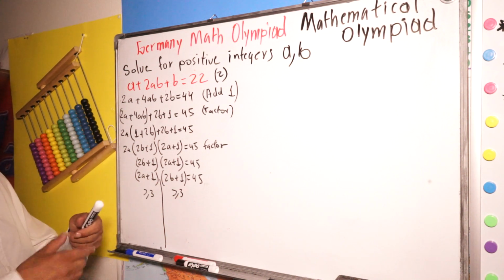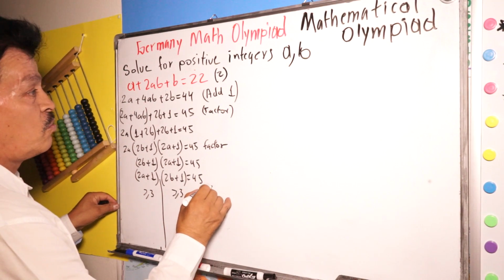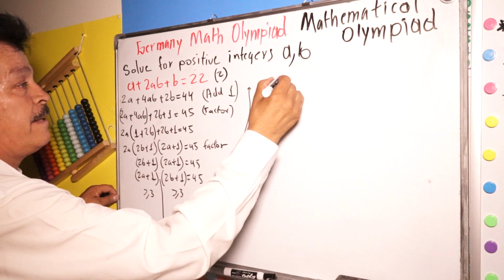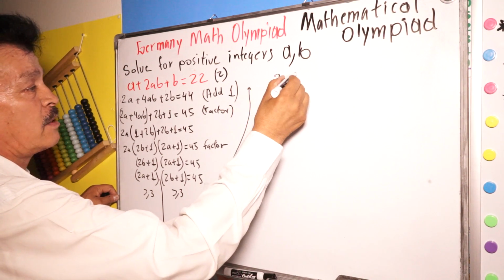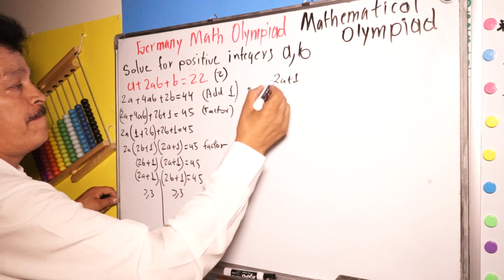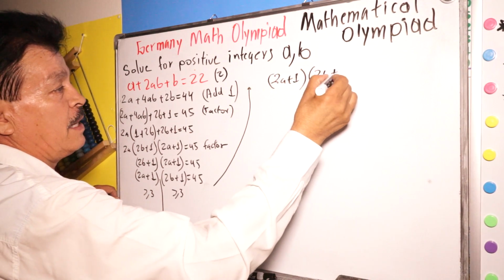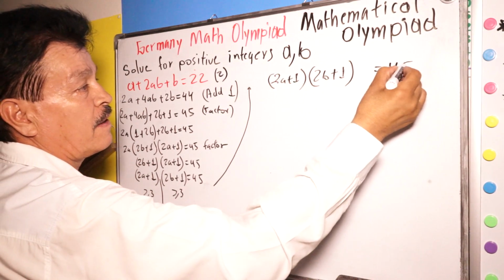I will write this, just move it over here. All right, and let me write 2a plus 1 times 2b plus 1 equals 45.